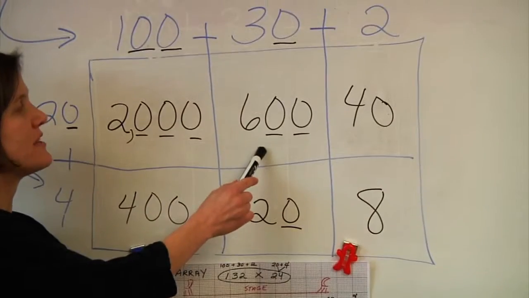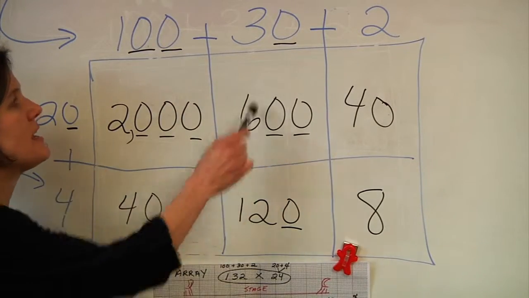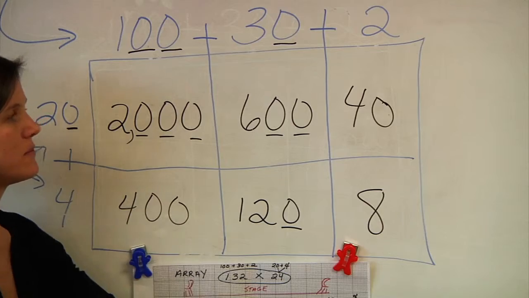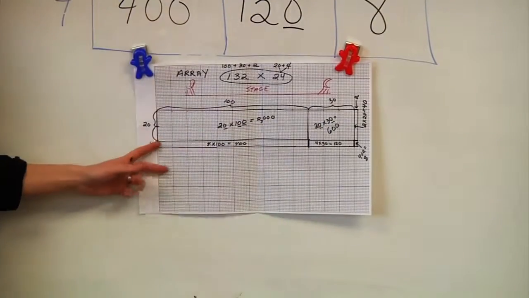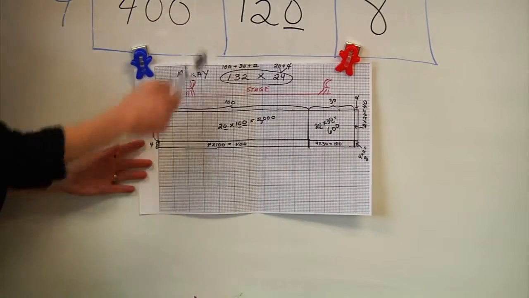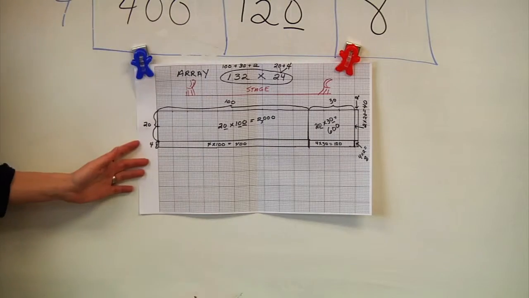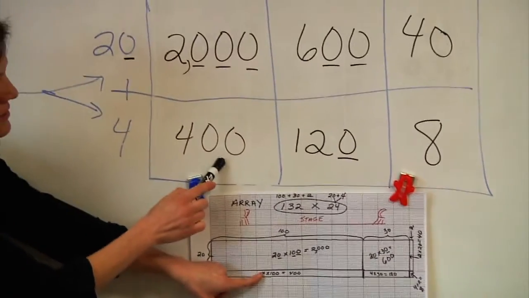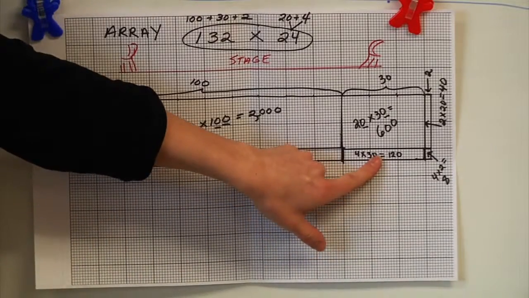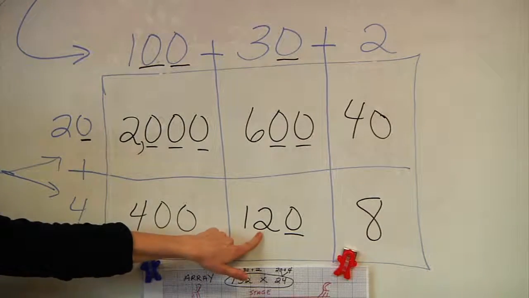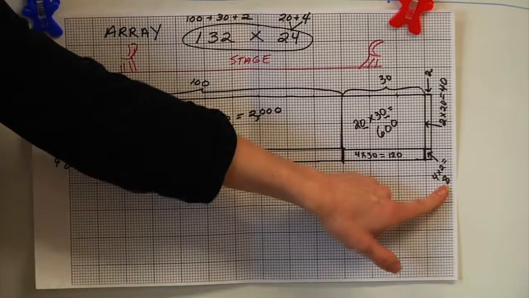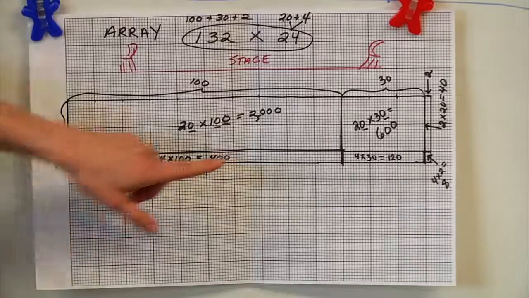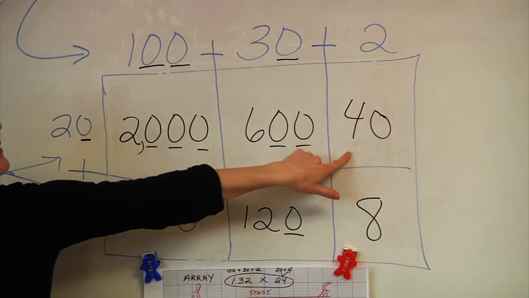We can see that represented here, where the 20 and the 30 meet up. You can match up the array with every part of this box. 400, 120, tiny, tiny little one over here, 8, and 40.